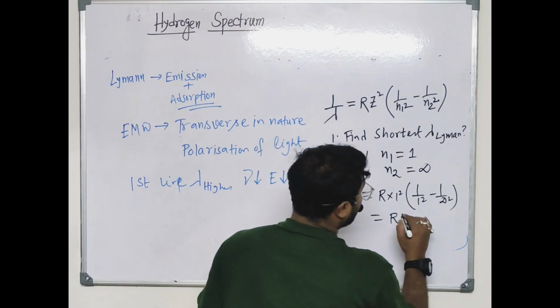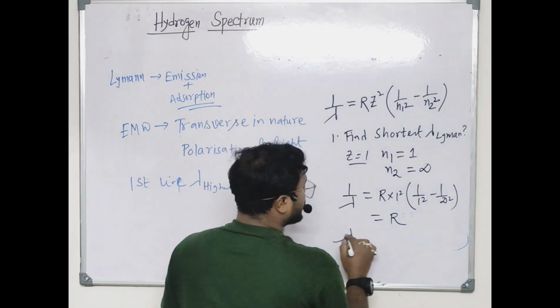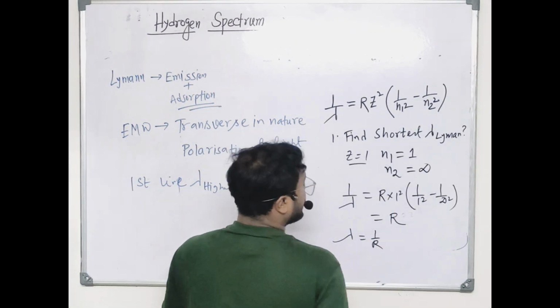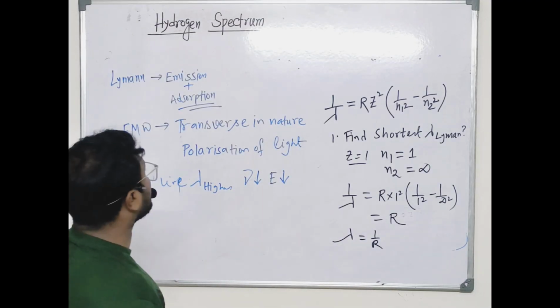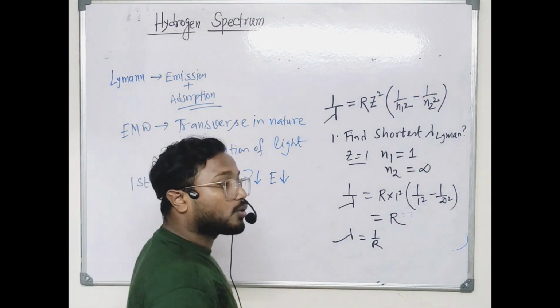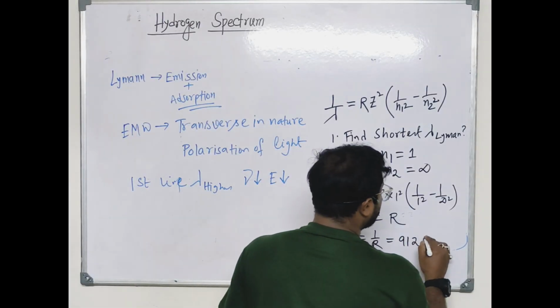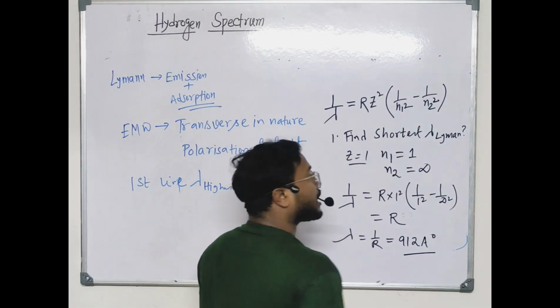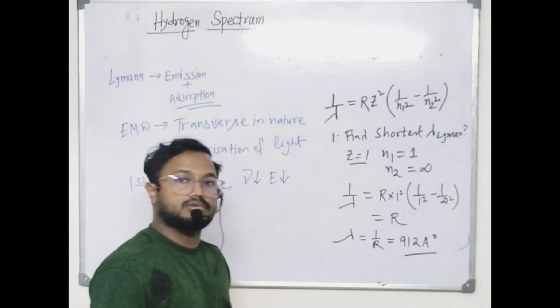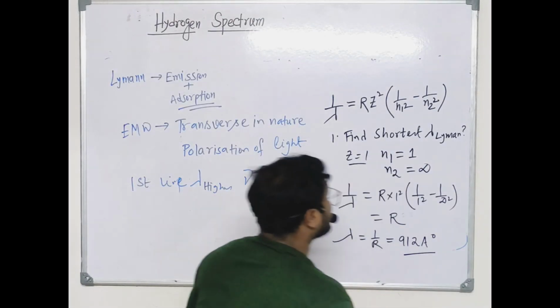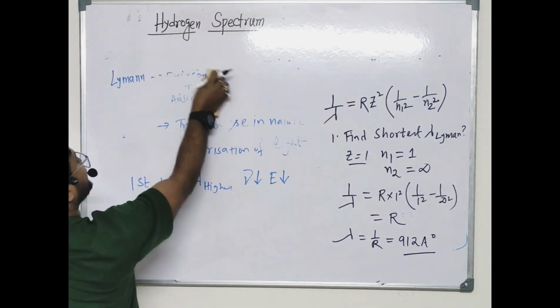That is basically R. So 1 by lambda equal to R. I told you before that I am going to take 1 by R value as 912 angstrom. So this is basically 912 angstrom. Directly we can solve this question. Understood? Let's see the another format for this.